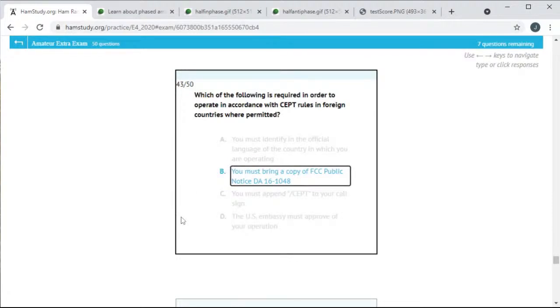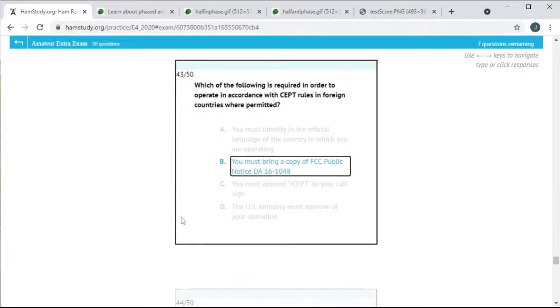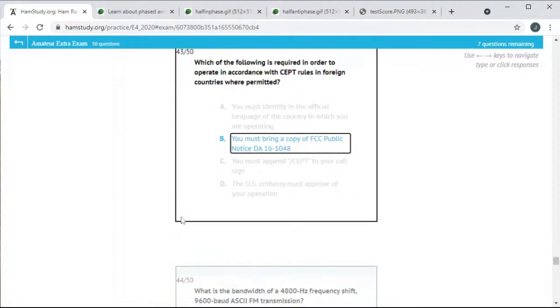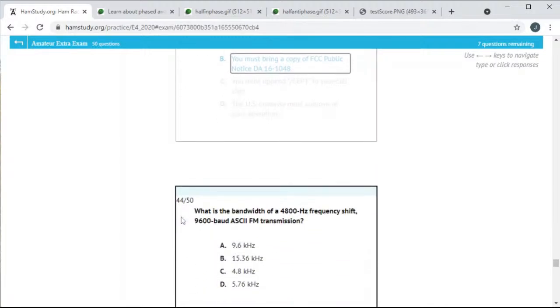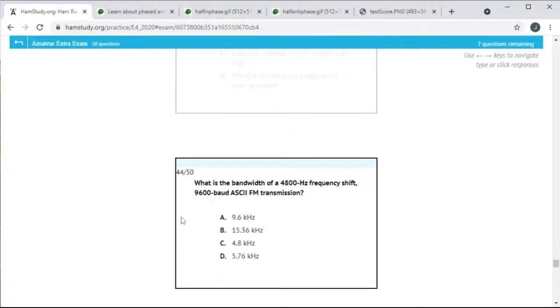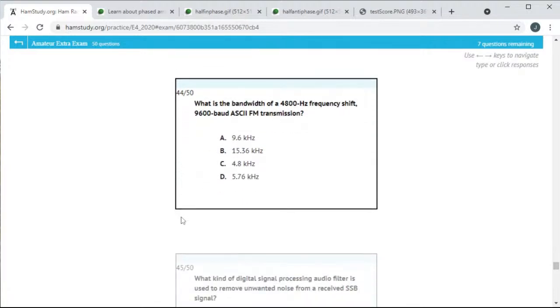I believe I've seen this one, and it is B. You have to provide a copy of the public notice, and my guess is that most officials, like the police where you're operating, will not know the rules, so you are bringing them a copy of the rules that tell them you are allowed to operate under these rules.